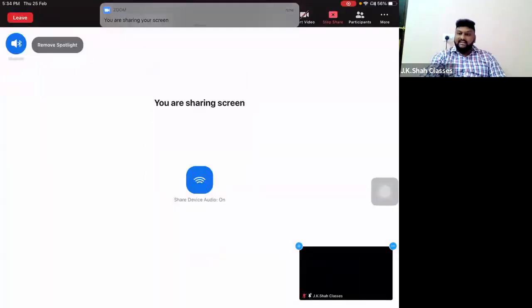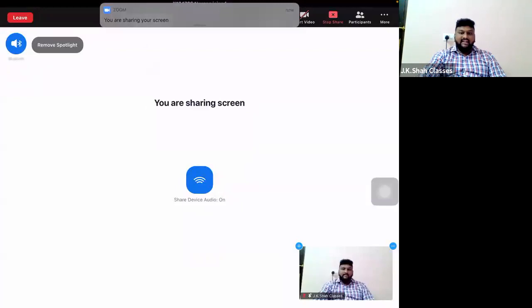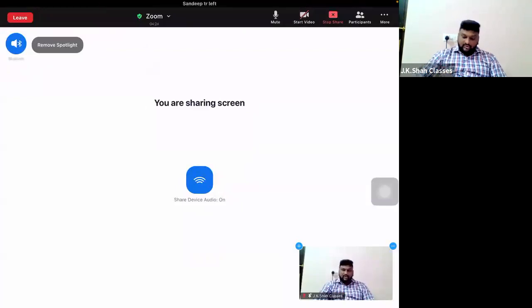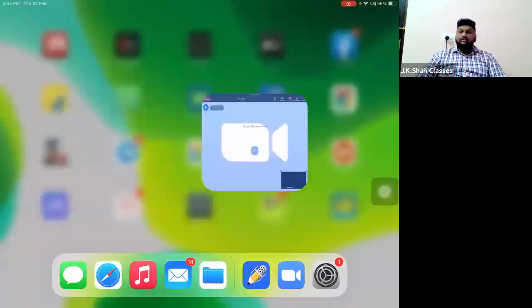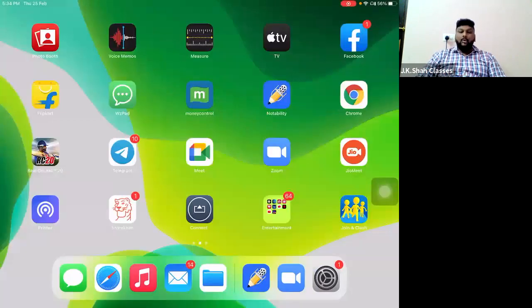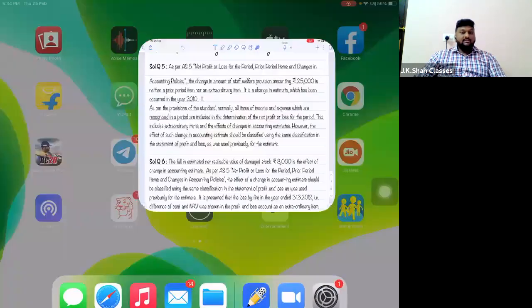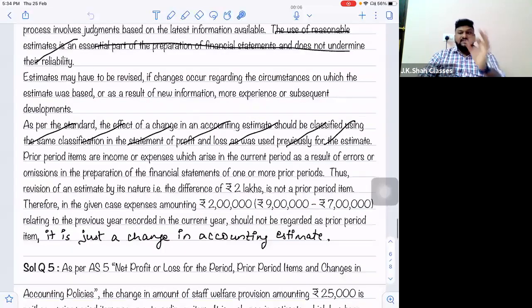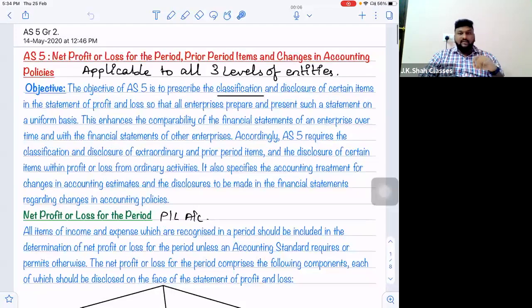Here we are not going to learn the recognition criteria. We are not going to learn the valuation criteria or the measurement criteria as you call them. Our major focus will be on how to present certain items in the profit and loss account. That is the major objective of this topic.